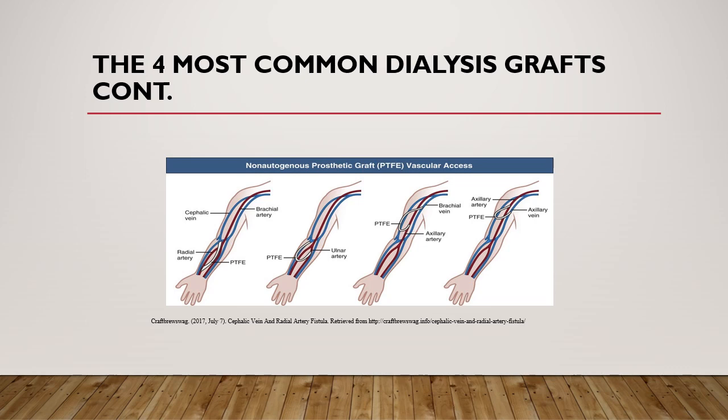What I love about this image is that when you are told a patient has a forearm loop graft or an upper arm loop graft, this helps you to identify the location of the graft. Same thing with the prior image I showed with the fistula. The images give you a picture of what you should be looking for, the location of your grafts, and the anastomosis of these grafts.